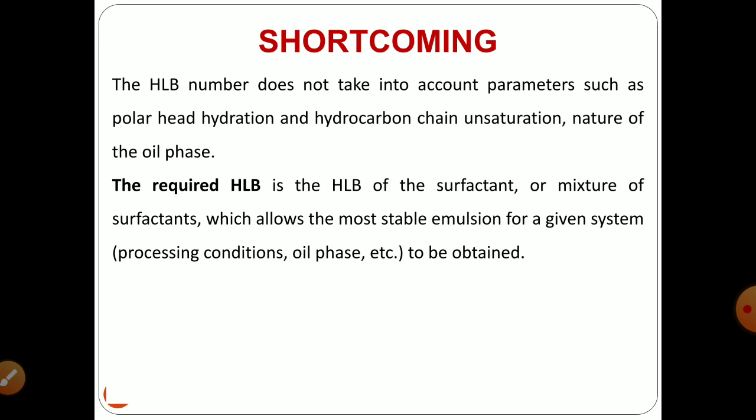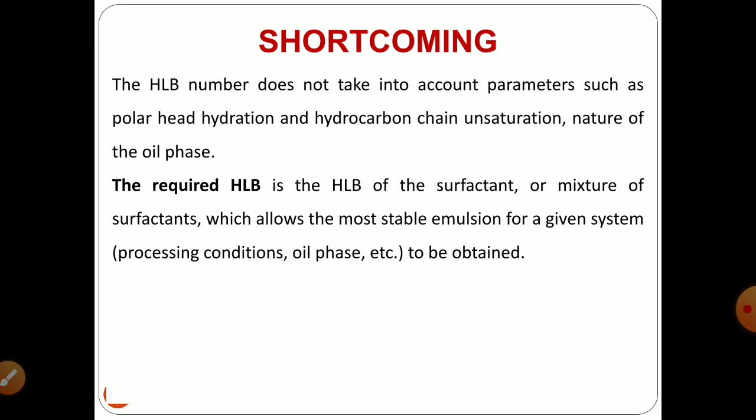To estimate the required HLB value for an emulsion, a stable emulsion is prepared with the same aqueous and oily phase, but using various different surfactants with HLB values within a range.